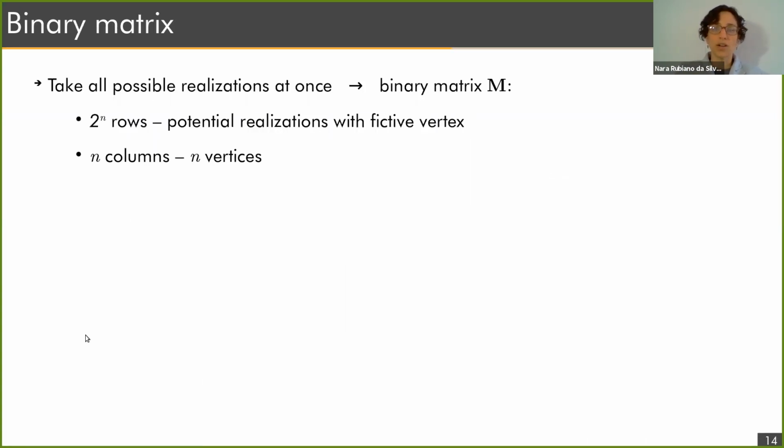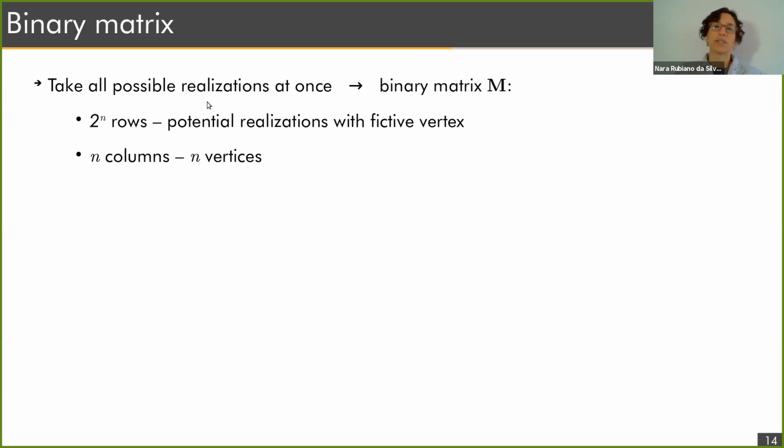The idea here is that we can collect all possible realizations at once by simply building a binary matrix that collects all those sk vectors I showed you in the previous slide.